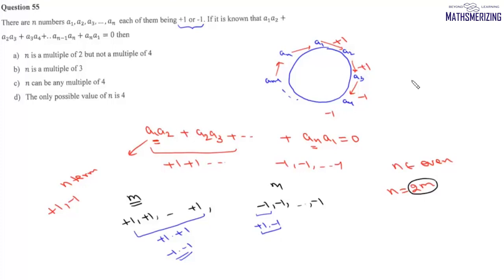So there will be at least m minus 1s. These minus 1 products will give the value minus 1 only when they are multiplied with plus 1, so there should be at least m plus 1s also.